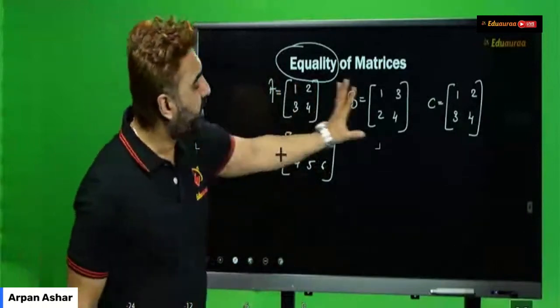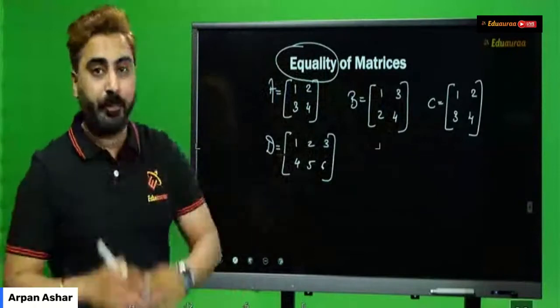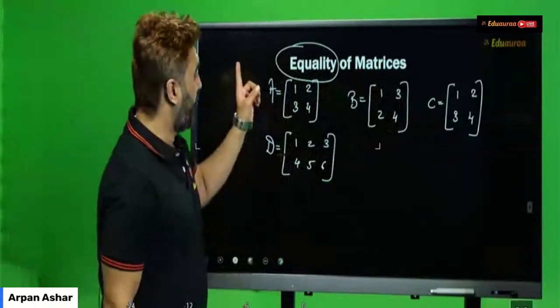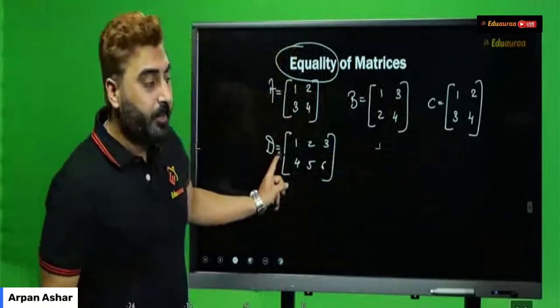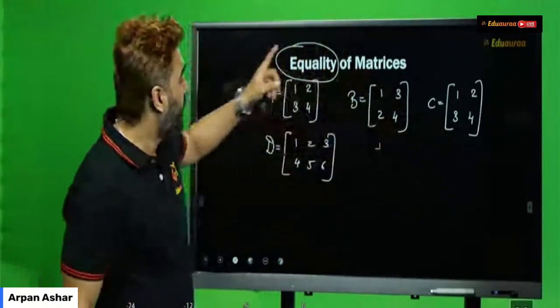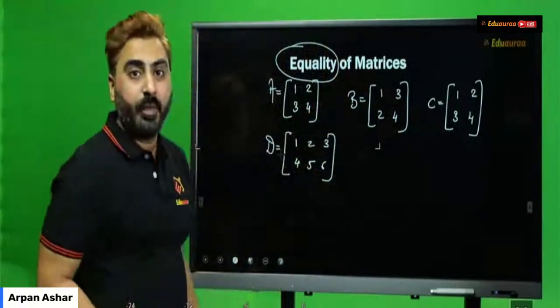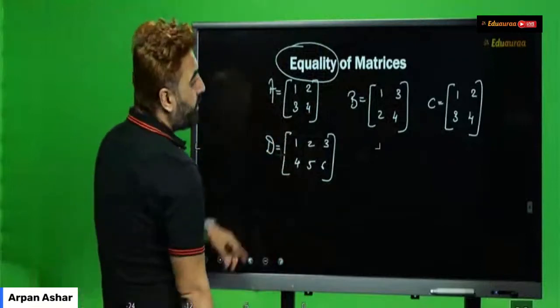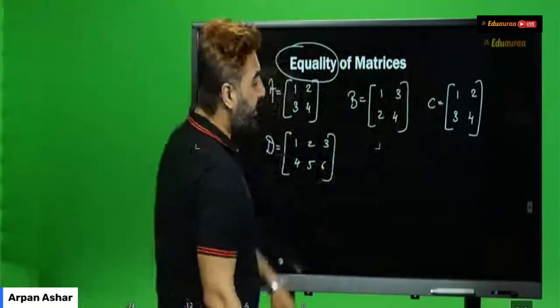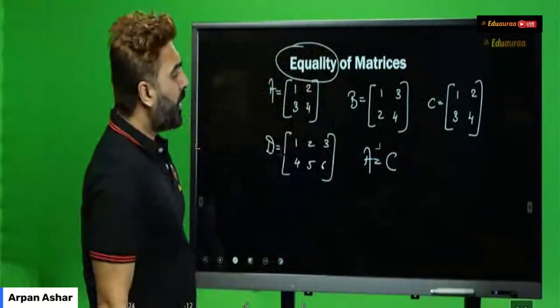Now from these examples, which two matrices are same? Write in your comment section. AB, BC, CD, AC, AD, BD, which matrices are same? It is understood, it is logical, it is seen that matrix A and matrix C are equal.